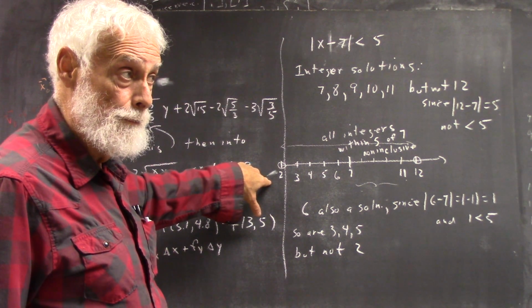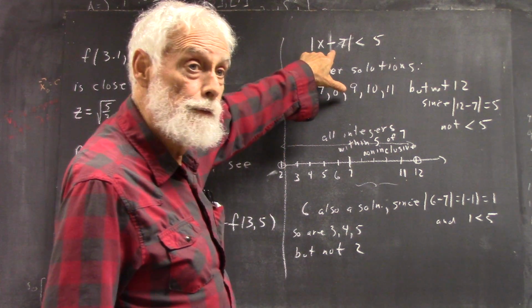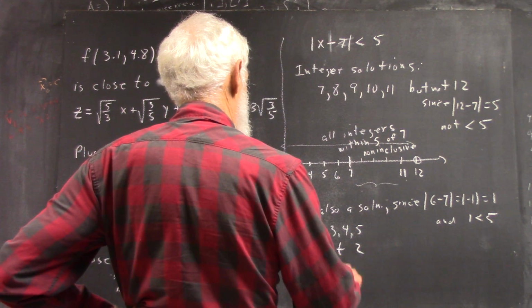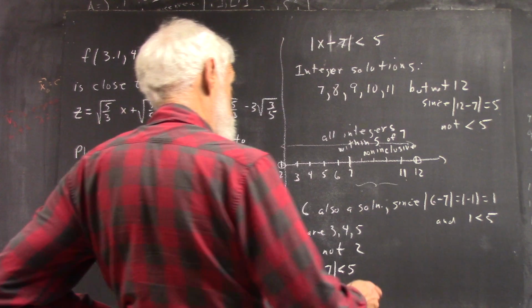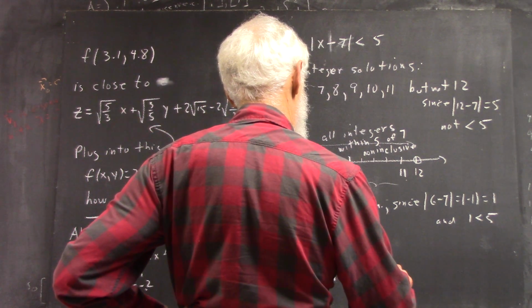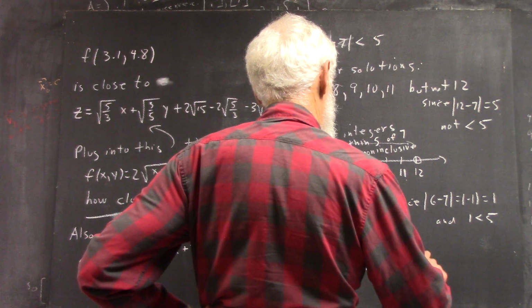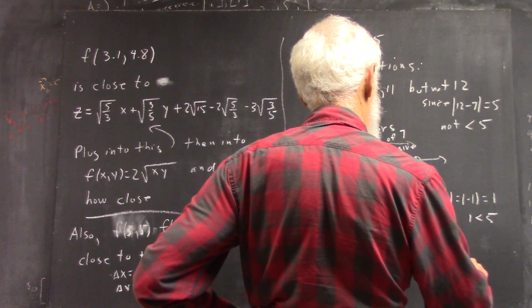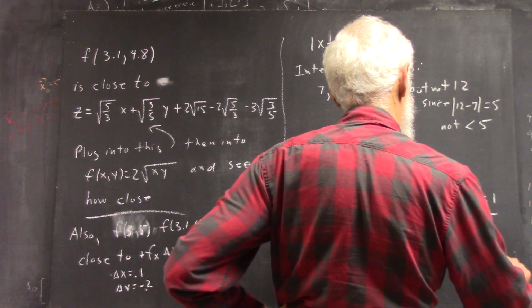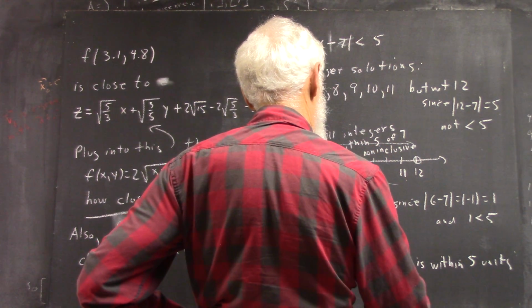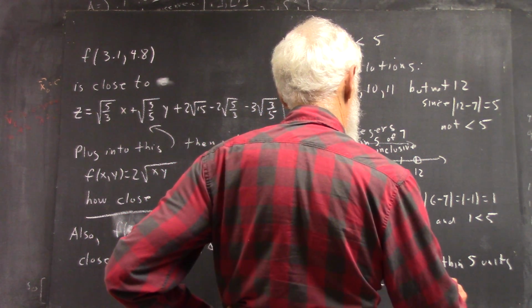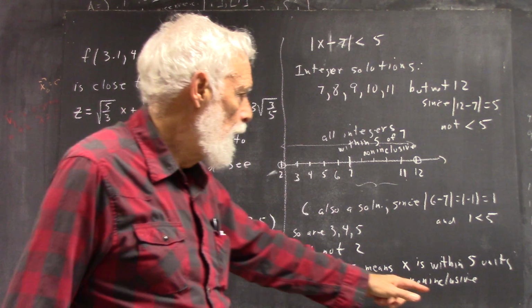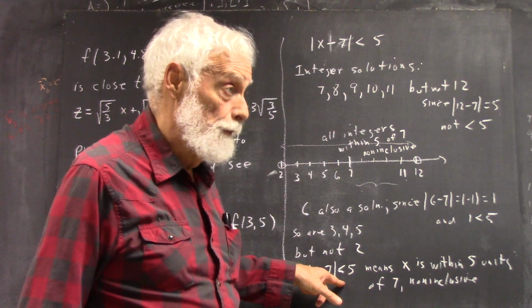Make sense? So what this is really saying is x is within 5 units of 7, non-inclusive because we don't include being at 5 units.